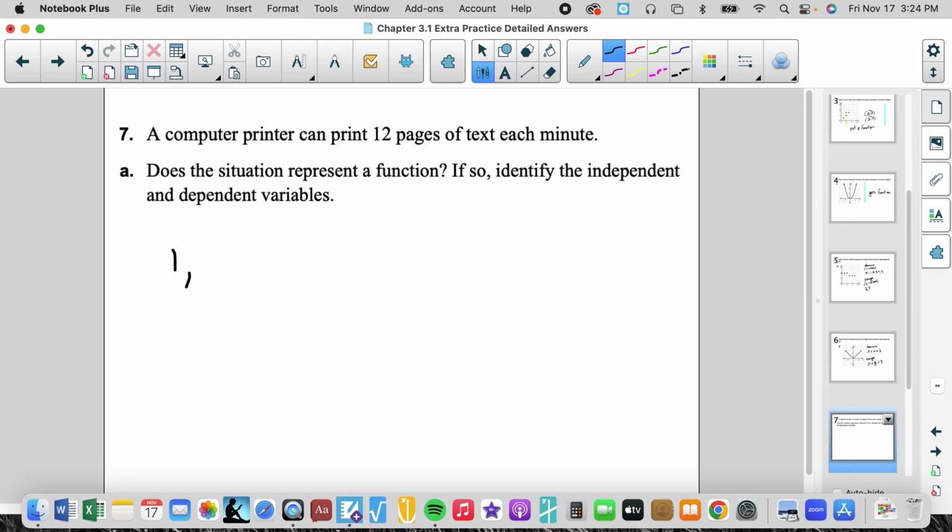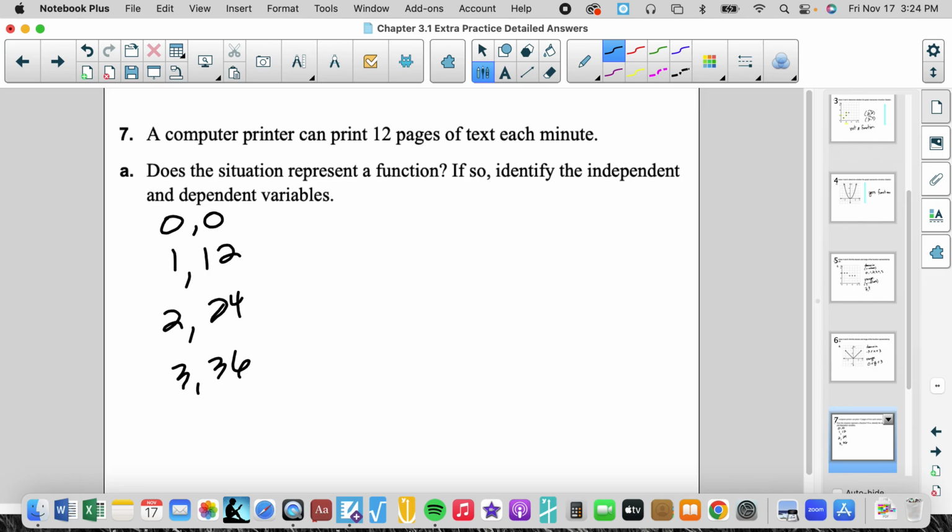So, 1 minute, 12 pages. 2 minutes, 24 pages, 3 minutes, 36 pages, etc. So yes, it represents a function, and 0 minutes, 0 pages.